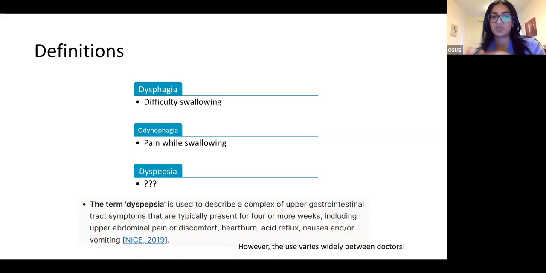And it's a combination, or the individual presence, of upper abdominal pain or discomfort, heartburn, acid reflux, nausea, or vomiting.